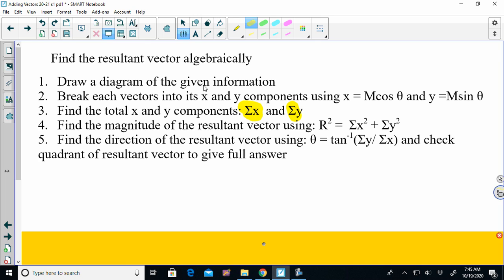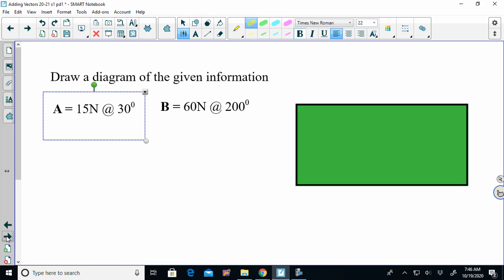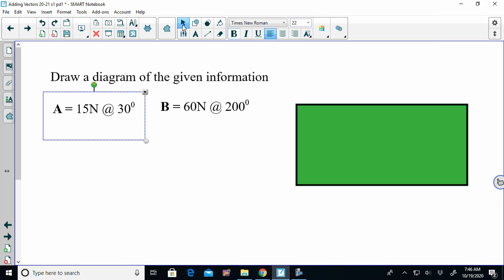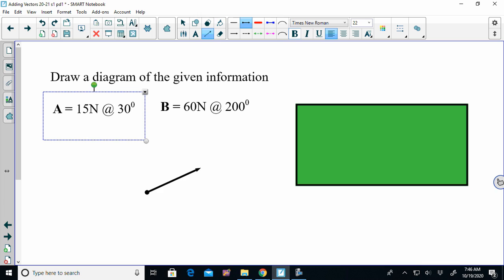Okay, so here we go. I just picked two random vectors: 15 newtons at 30 degrees and 60 newtons at 200 degrees. So step one, I'm going to draw a diagram. I'm just going to estimate that that's about 30 degrees.